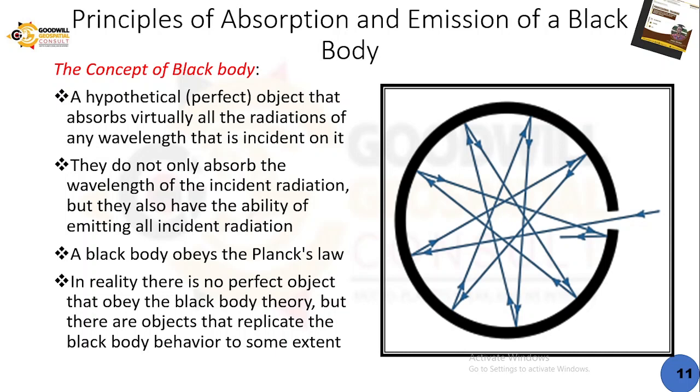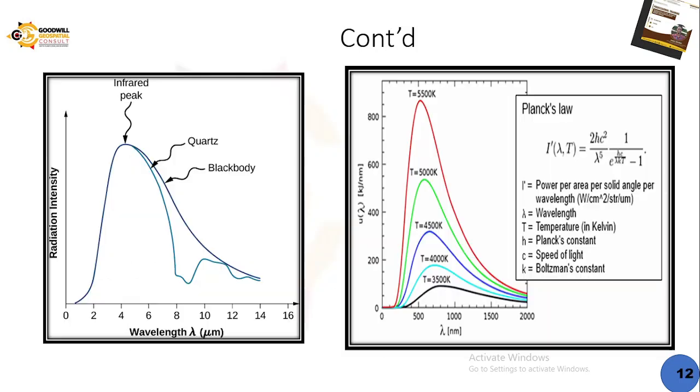There is no perfect black body on earth, it's a hypothetical body, but some materials have behavior relative to a black body effect. An example is quartz. We are going to look at them in the next slide.